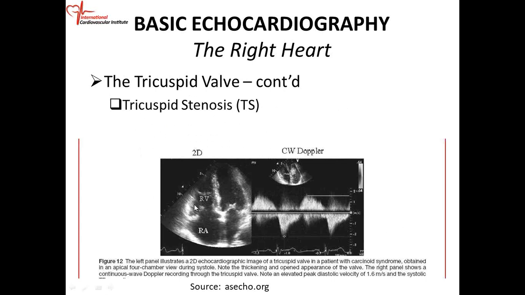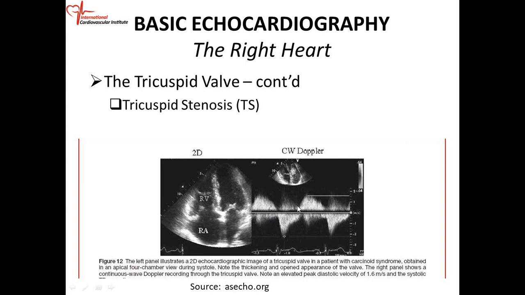So someone with carcinoid heart disease, when you look at the tricuspid valve, it's fixed in position. It's neither closing nor opening properly, but it opens stenotic. So when you do your Doppler, your Doppler is going to show you usually have tricuspid regurgitation, and you also have your tricuspid stenosis.